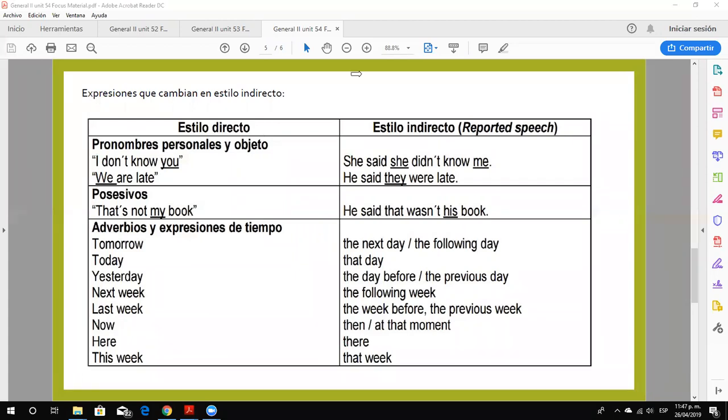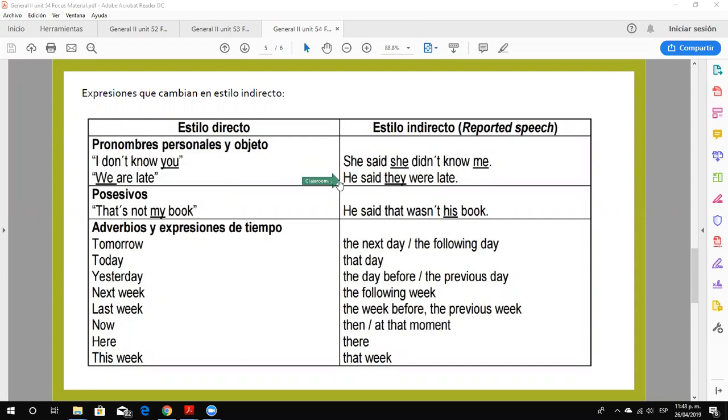Okay, now we are going to talk about some expressions that change in indirect speech. Direct speech, personal pronouns and objects: "I don't know you," "We are late." Indirect speech, or reported speech: "She said she didn't know me."